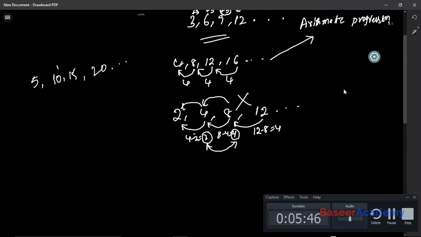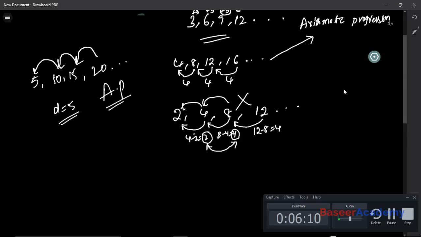Yes, we can, because the difference between 10 and 5 is 5. The difference between 15 and 10 is 5. The difference between 20 and 15 is 5. So the difference is the same, 5. Right, when the difference is the same between any two consecutive terms in a list, then that list is known as arithmetic progression.